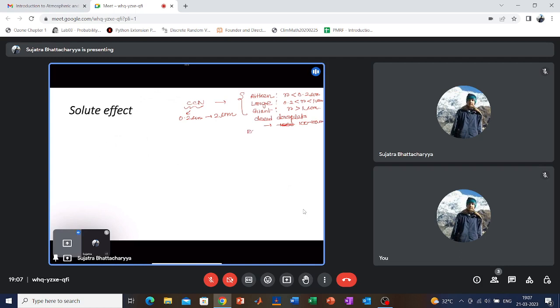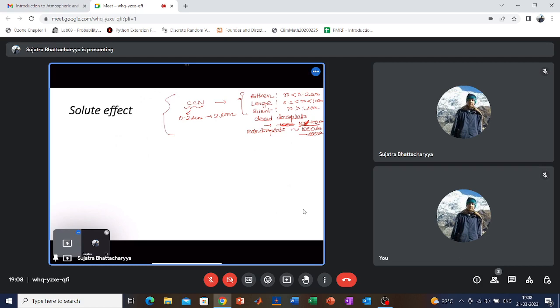And rain droplets are about 1000 micrometer to 5000 micrometer. Fine. So mostly this is from 10 to 100 micrometer. Okay. So this will be helpful in solving one of the questions of the assignment.